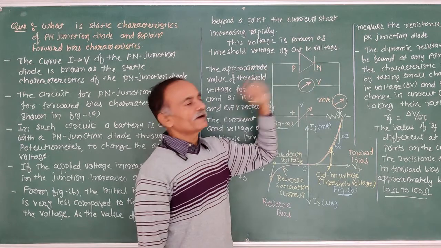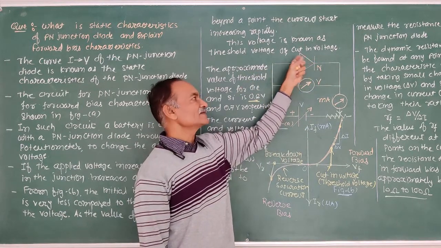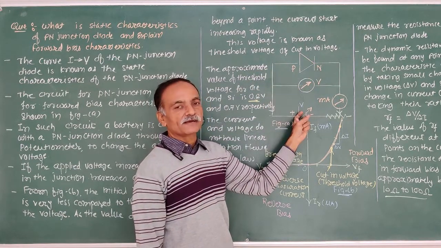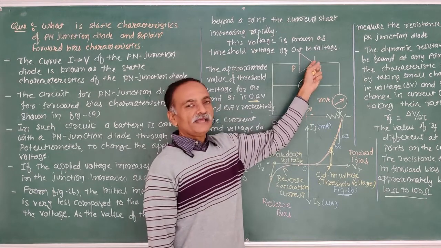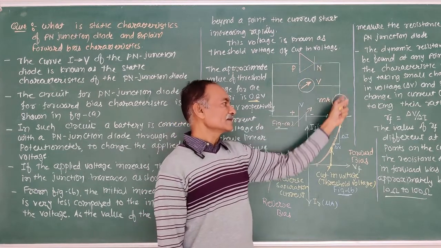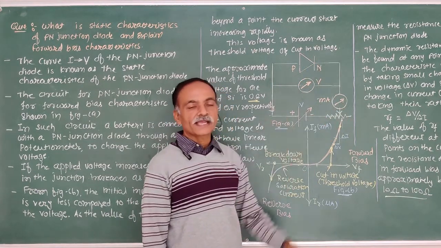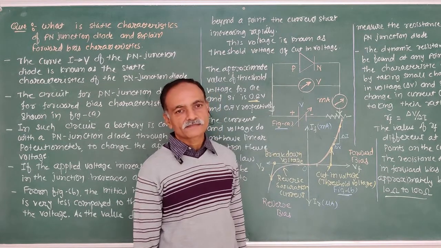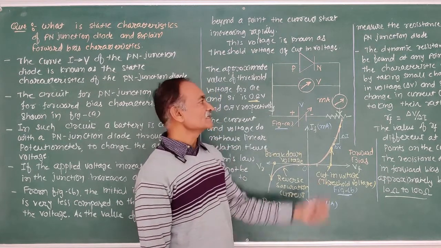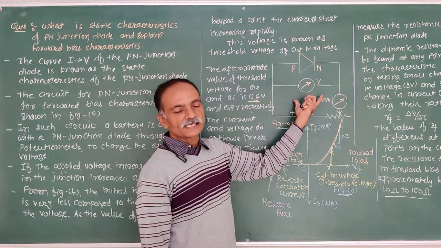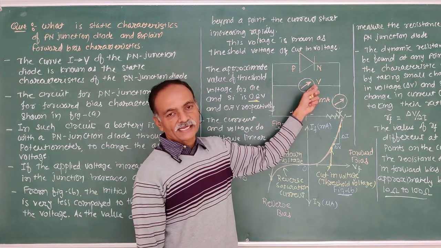Here, it is in forward bias, therefore the P side of the PN junction is connected with the positive terminal of a battery, while the N side is connected with the negative terminal of the battery. To measure the applied potential difference, a voltmeter is connected.